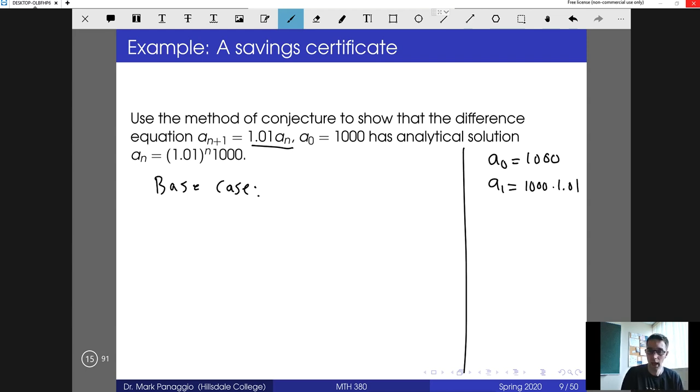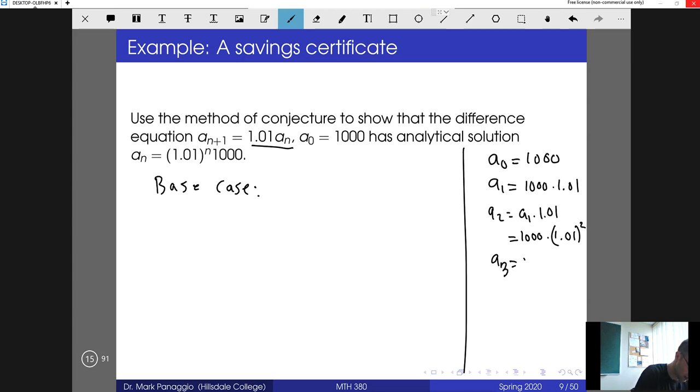All right, and then if I wanted to get A2, I would get A1 times 1.01, which is just 1,000 times 1.01. That's the A1 part, and then times another factor of 1.01. And we could continue that process.